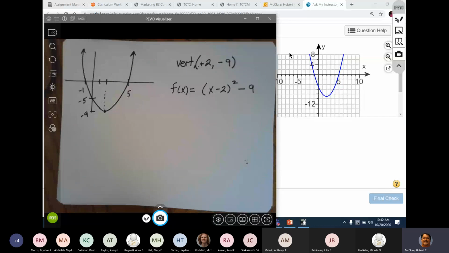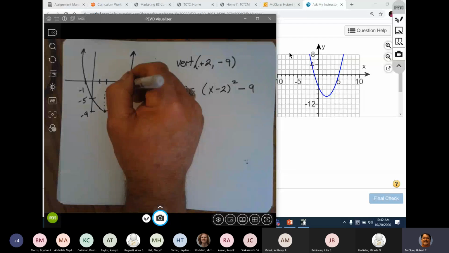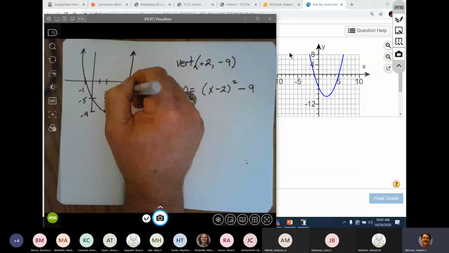Now I'm going to pick a point, and I'm going to pick something that is easy to see. And one that I think is easy to see is that x-intercept right here, 5, 0.